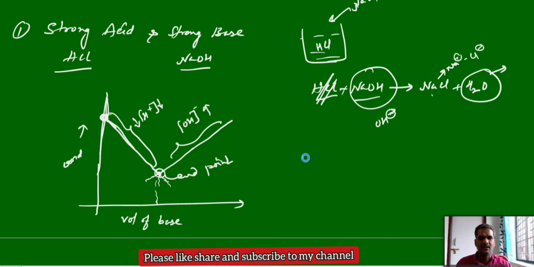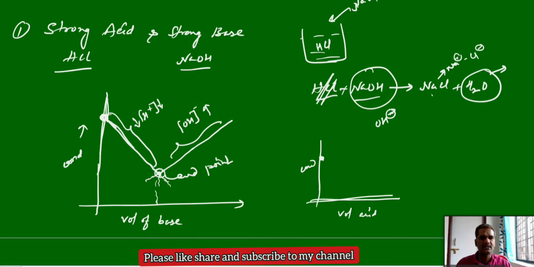You can also take the reverse: take NaOH in the beaker and add HCl from the burette. Here conductance versus volume of acid is plotted. Initially we have NaOH, and due to the OH minus ions the conductance is more.